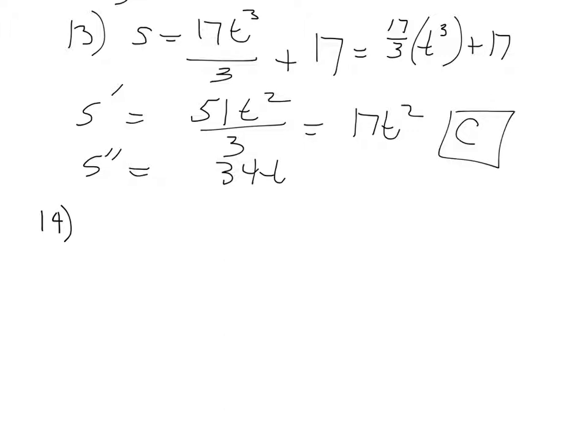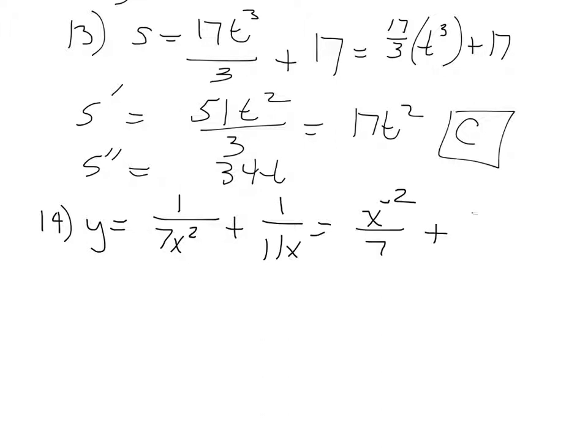All right, 14 just gets weird because, again, it's a bunch of fractions. So just change everything around. 7x squared plus 1 over 11x. So I bring that x squared to the top. Bring x to the first power to the top. And now I just do the same thing. So I bring the negative 2 down. A negative 2x to the minus 3 over 7.